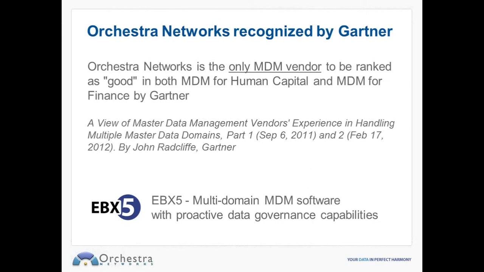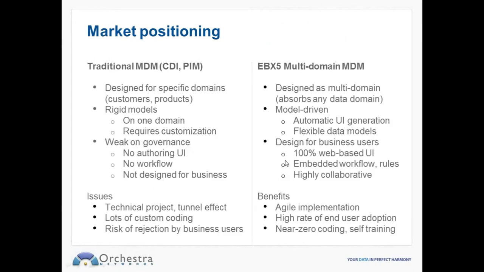So if we look now at what are the solutions available on the market compared to Orchestra Networks, on the left side, you find a lot of MDM software designed originally for a specific data domain like customer or product.